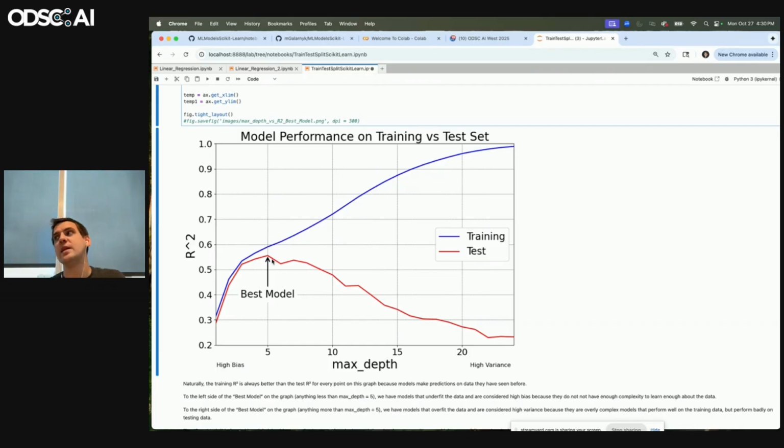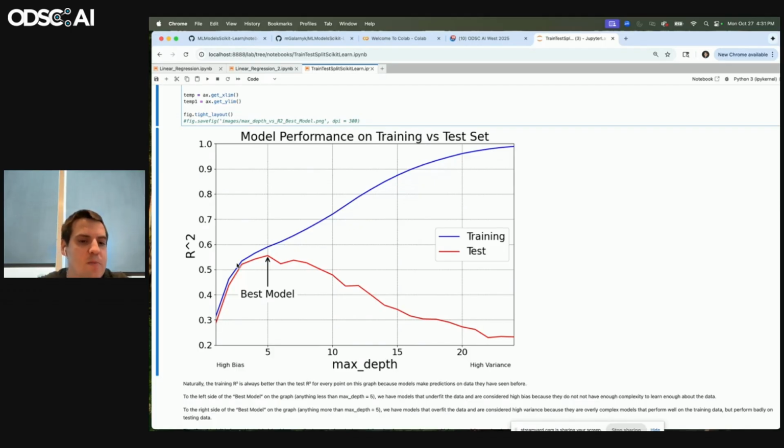It's really easy to have a model memorize something and not do well on data it hasn't seen before. So what we find over here is when we let the model grow as much as possible, max depth is essentially, we'll talk about this in a second, how many questions you can ask a model until it comes to a prediction.